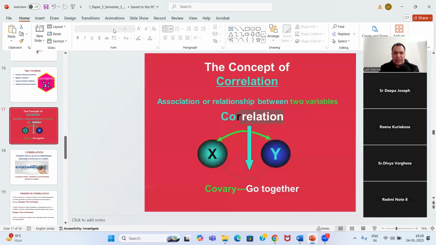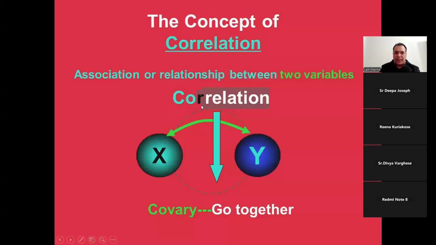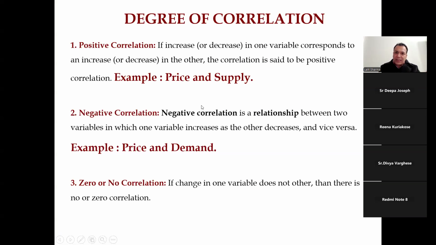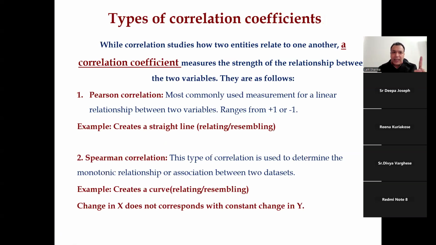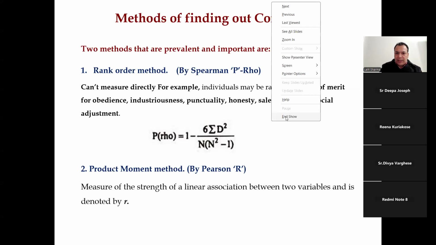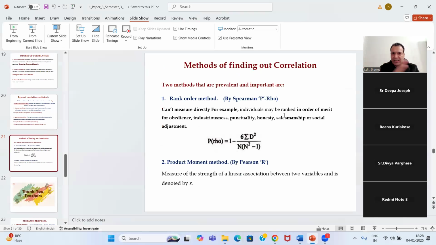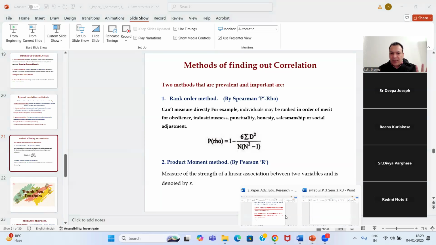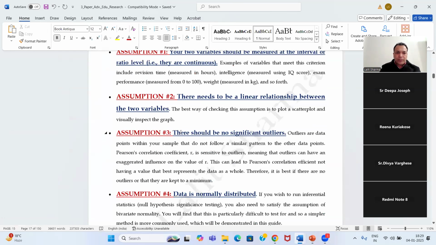Correlations we are done, then types of positive and negative correlations we are done, and the two types of method. So all three things side by side I am discussing, because some portion I have to explain with the help of the PPT, some with the notes. The main funda is that the concept should be clear. Every topic, every word should be clear to you.